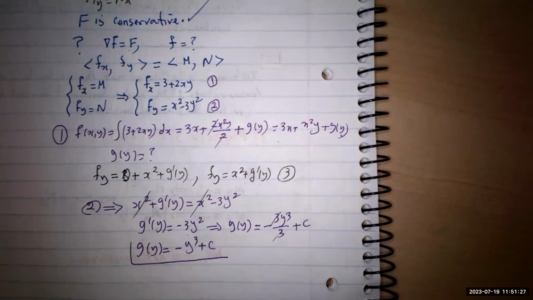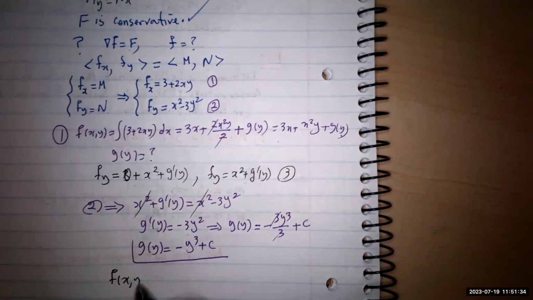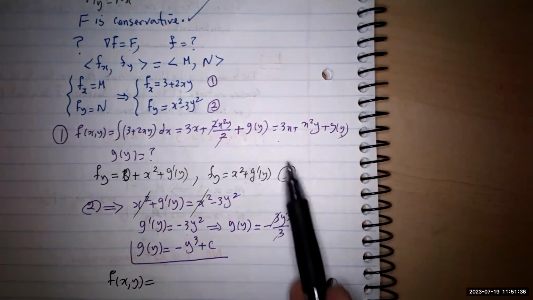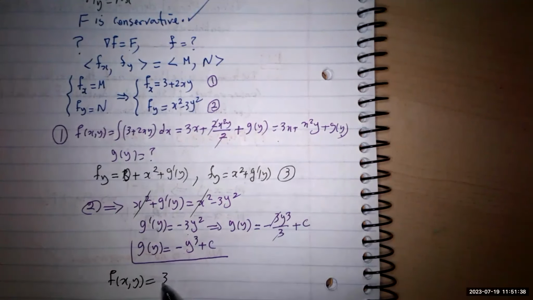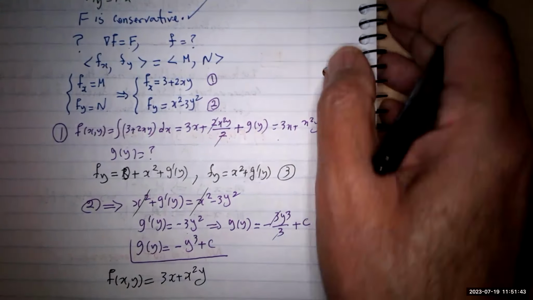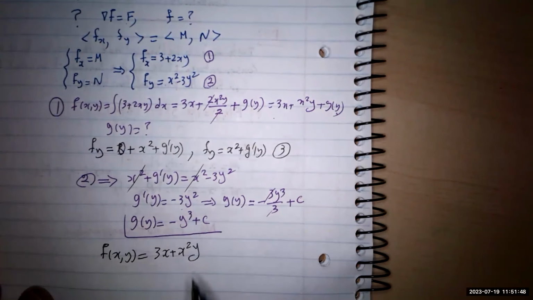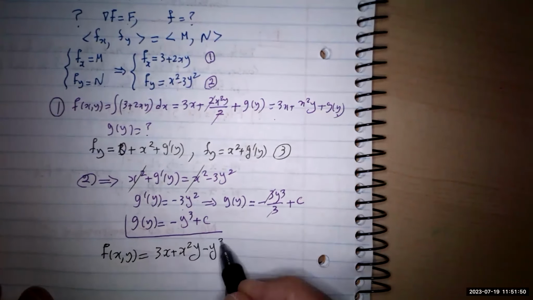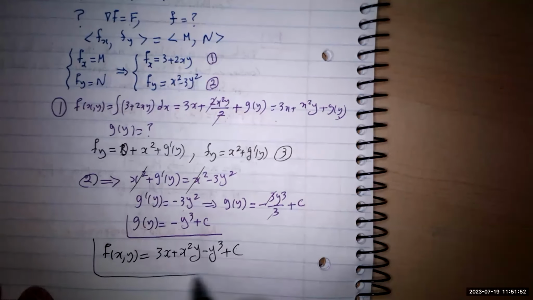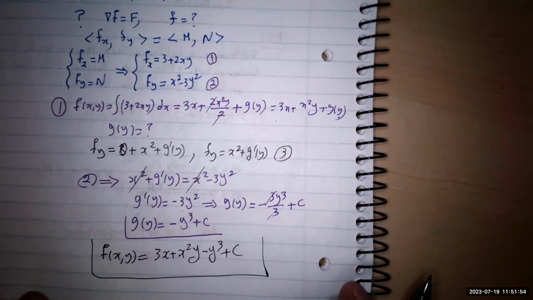So I go back. The final answer is f of x and y equal to 3x plus x squared y plus g of y. We need only one of these solutions, and you can add the constant c or not, it doesn't matter. We don't usually write the c because one function is enough to make this true.